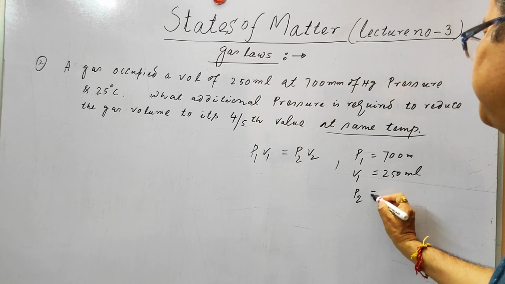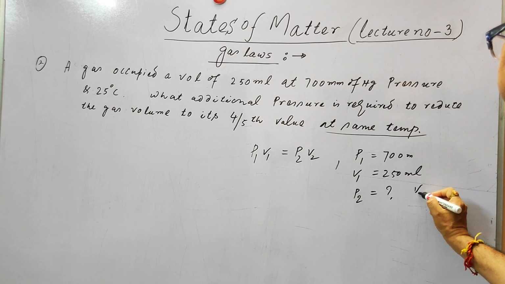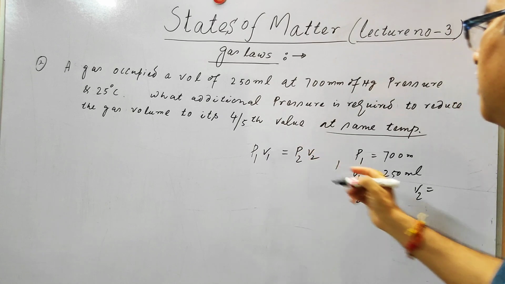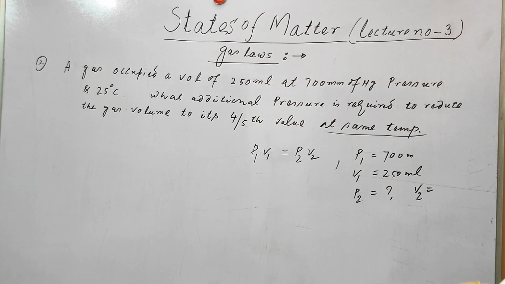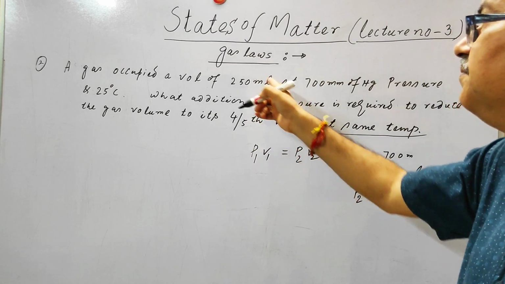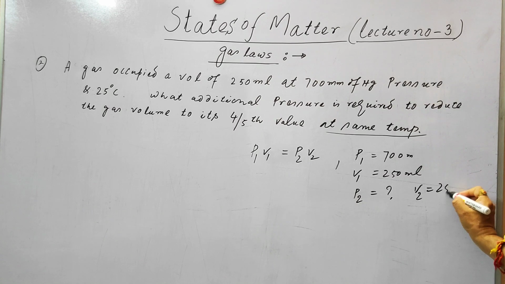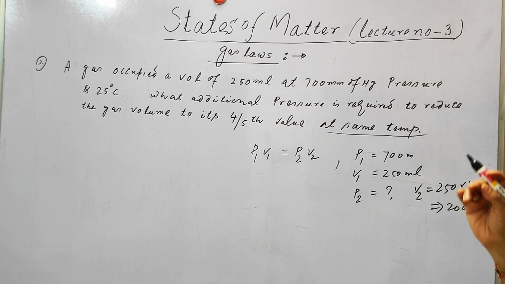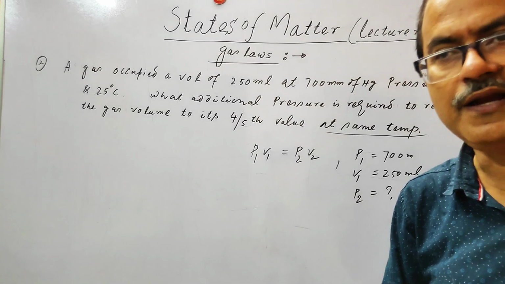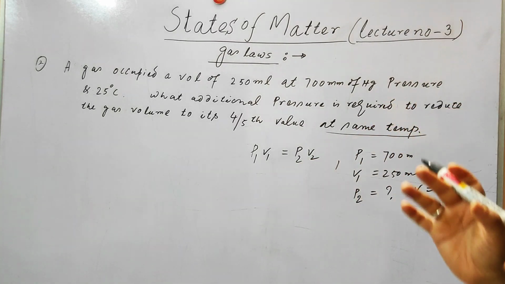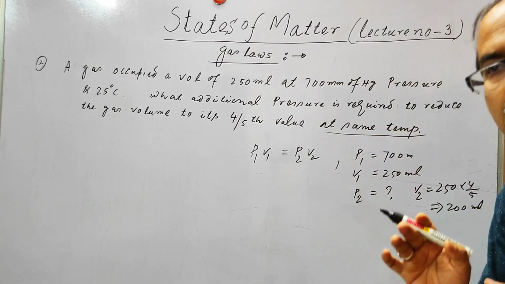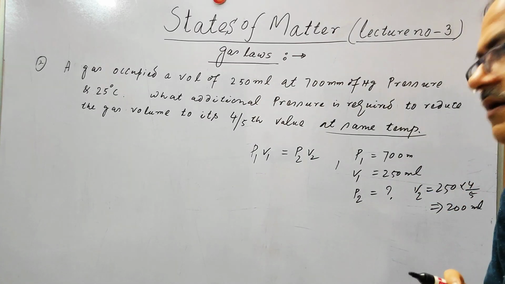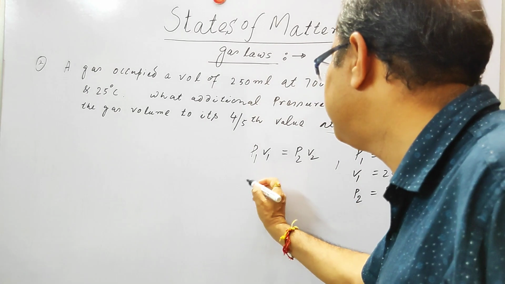You have to calculate P2, and V2 is given as 4/5 of the original volume, which means 250 into 4 by 5, that will be 200 milliliter. It means how much pressure you have to give so that the 250 milliliter volume of the gas becomes 200 milliliter.